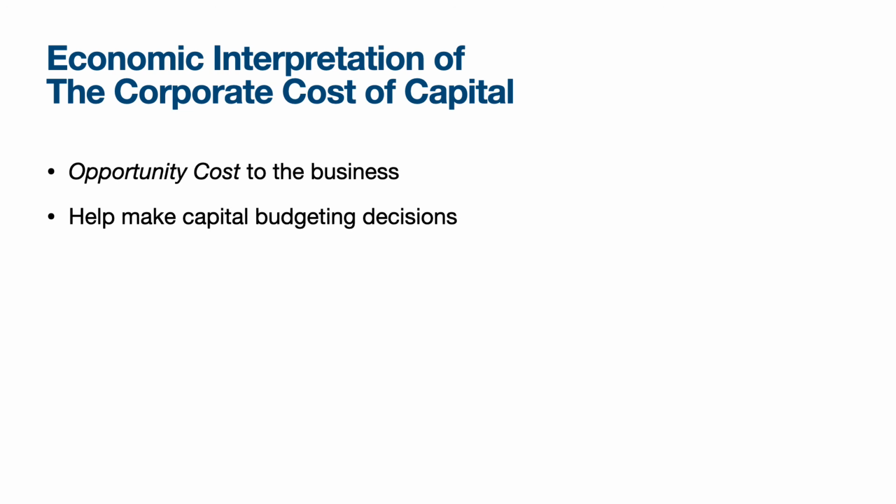Number two, the primary purpose of estimating a business's CCC is to help make capital budgeting decisions. That is, the cost of capital will be used as the benchmark capital budgeting hurdle rate, or minimum return necessary for a project to be financially attractive.